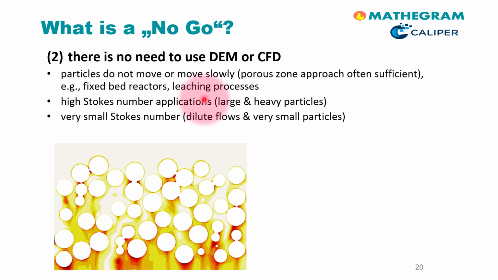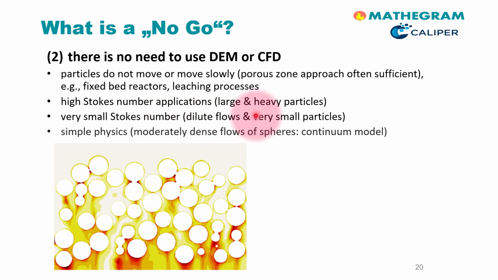Along the same way of thought, very small Stokes numbers do not motivate CFD-DEM coupling. Especially in case the flow is dilute and the particles are small, a relatively simple CFD-only simulation will be sufficient.